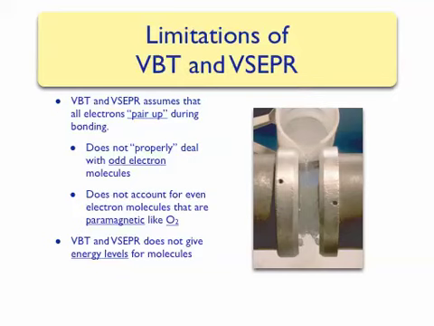Valence bond theory and valence shell electron pair repulsion theory also do not give energy levels for molecules. You may have seen in your textbook some energy level diagrams that match up with hybridization schemes. However, these energy level diagrams are inaccurate.